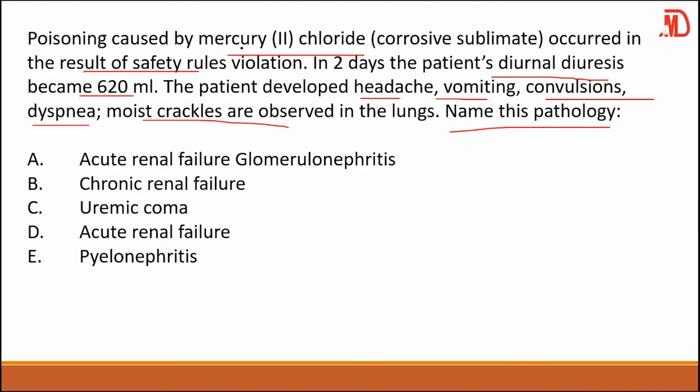Now, these things can affect a lot of organs. When they start mentioning kidney problems, please start looking at it critically. And we know mercury can affect the kidney adversely.